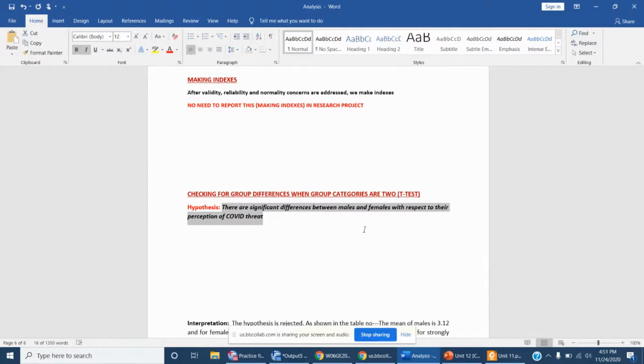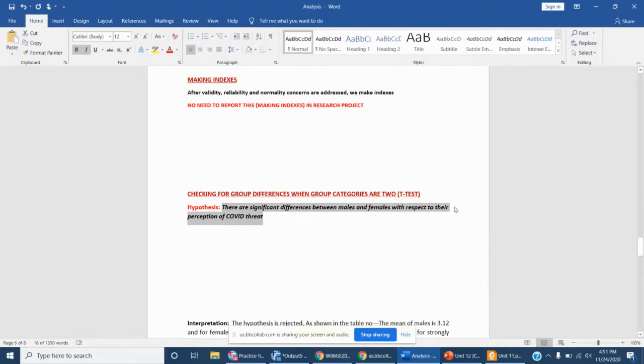So it is not important for you to go for a t-test or an ANOVA test unless your variable of interest requires to be measured on these particular tests. I'm just showing you how to conduct a t-test, because some of the students are using gender as a variable here.